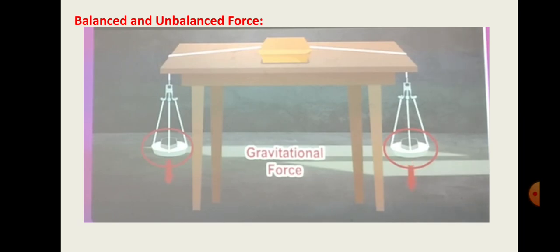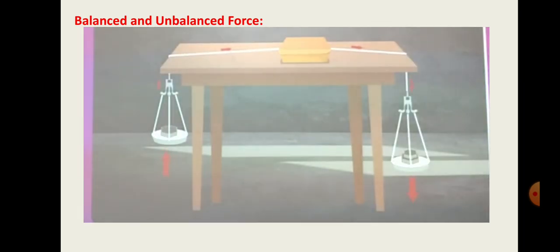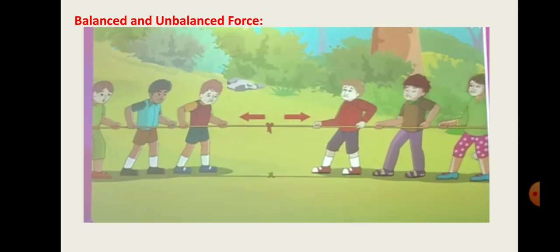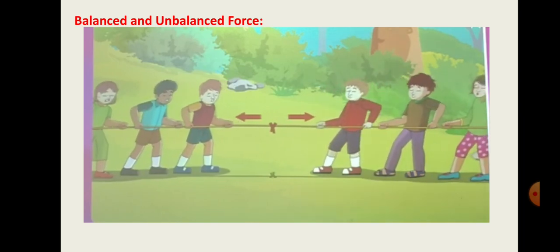Because now the mass is more, so more gravitational force is acting on this pan and the box got shifted toward this pan. That means the two forces which are acting on these pans are unbalanced, right? So this concludes that when unequal forces are applied to the box on the two sides, an unbalanced force acts on the box, resulting in imparting motion to the box.